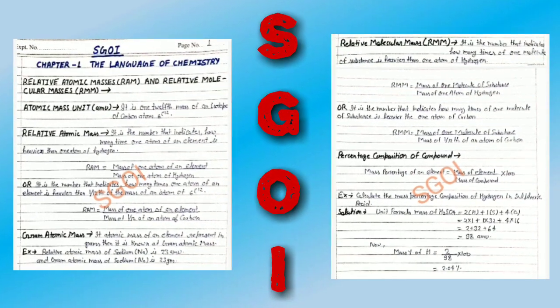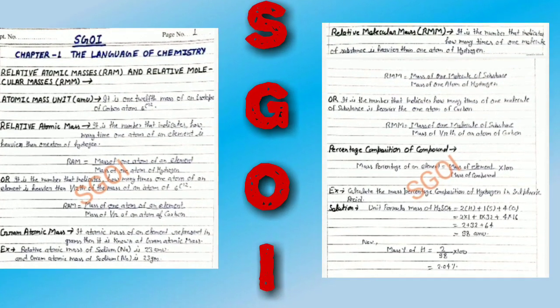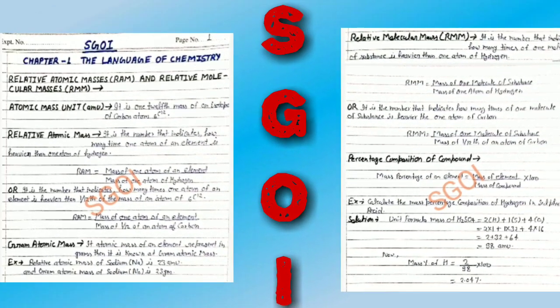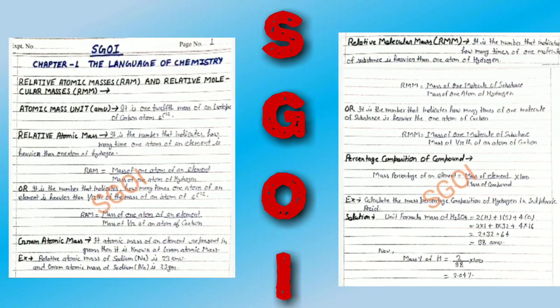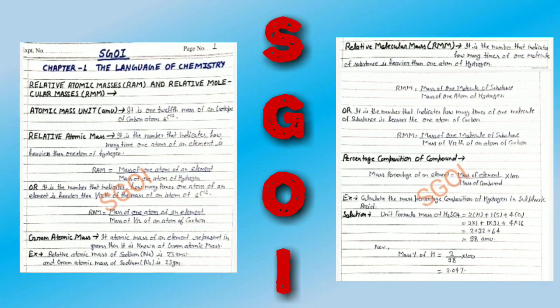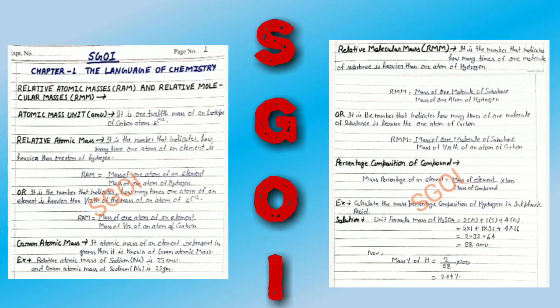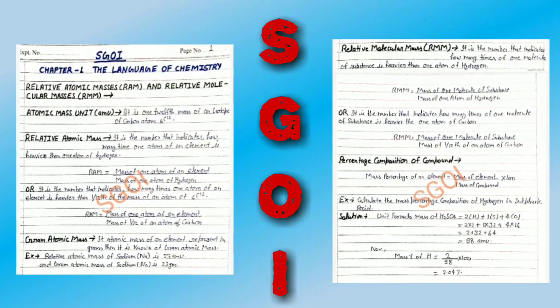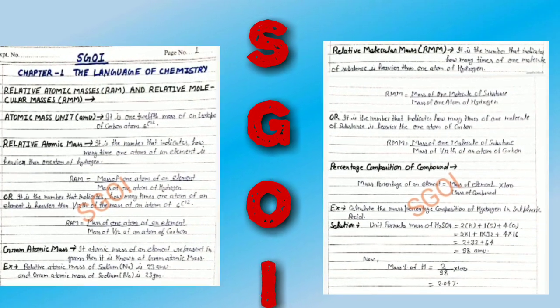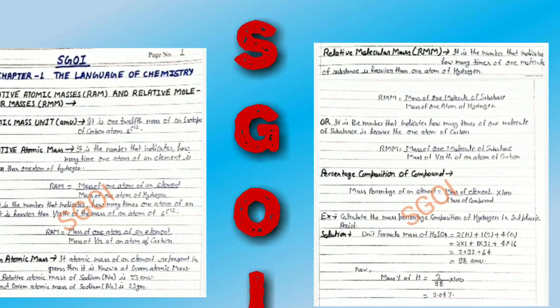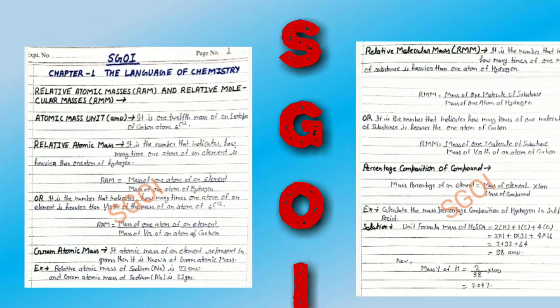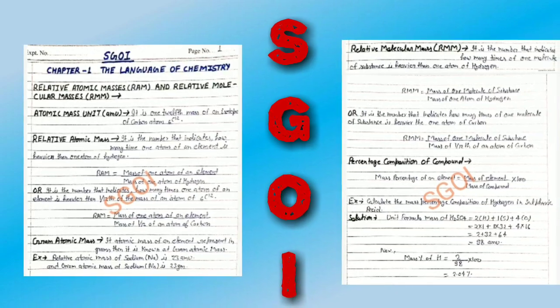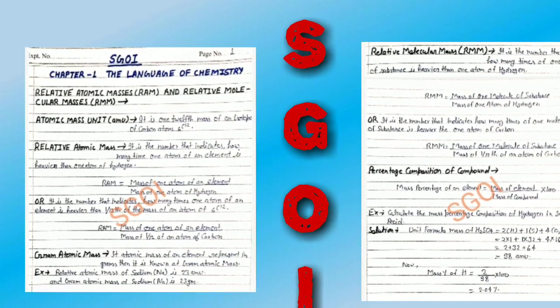Now gram atomic mass. It is the atomic mass of an element represented in grams, then it is known as gram atomic mass. It means if the atomic mass of an atom is represented in grams, that is known as gram atomic mass.